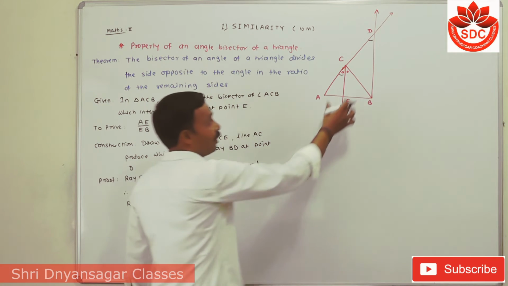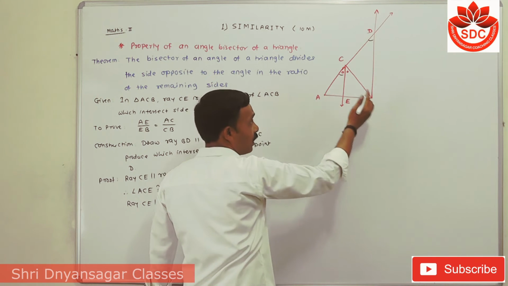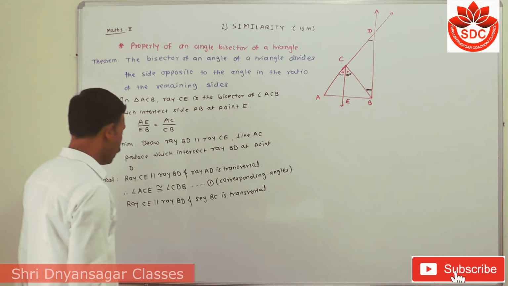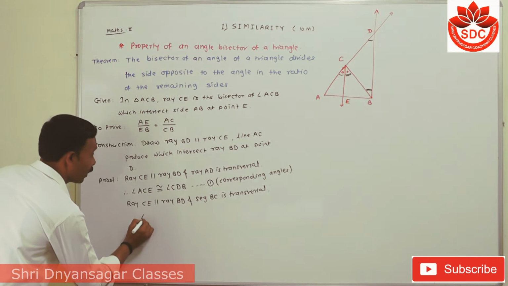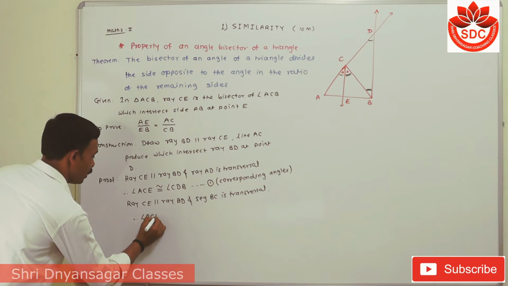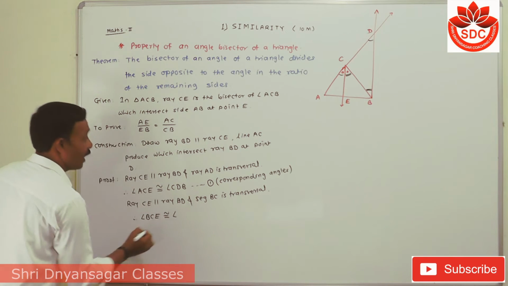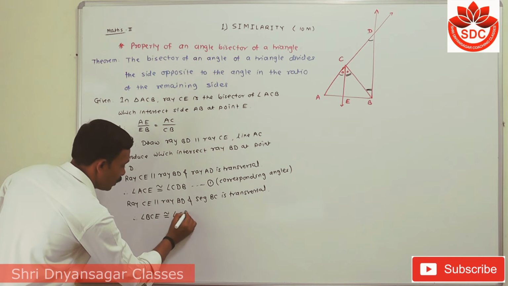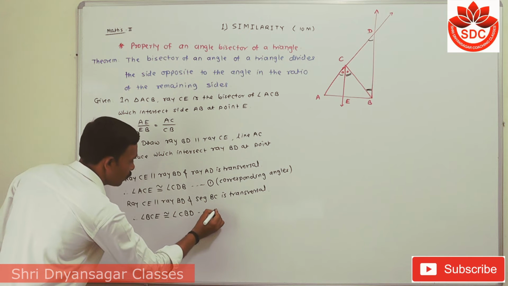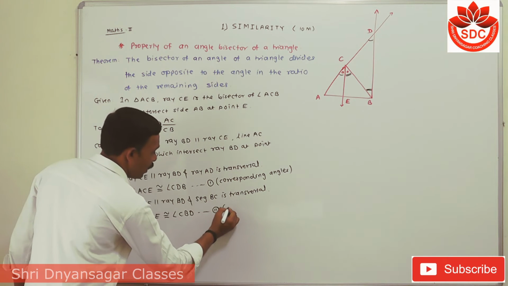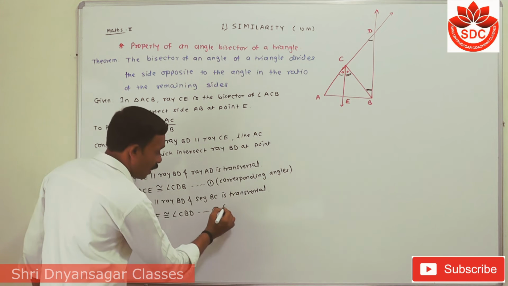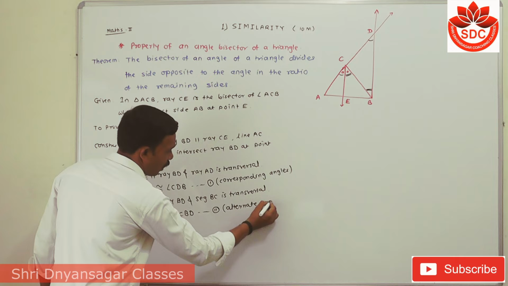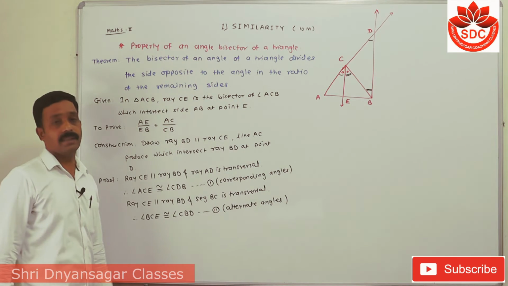Then look here, if these two lines are parallel and this is the transversal, then this angle and this angle are congruent. So therefore angle BCE is congruent with angle CBD. Suppose this is equation number second, and by which angles is this one? Alternate angles of parallel lines.